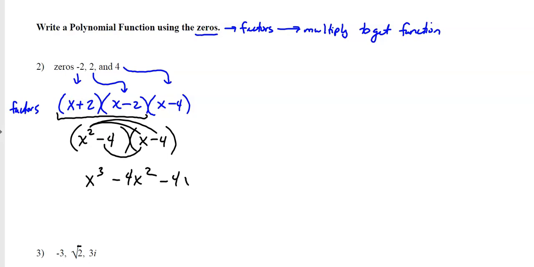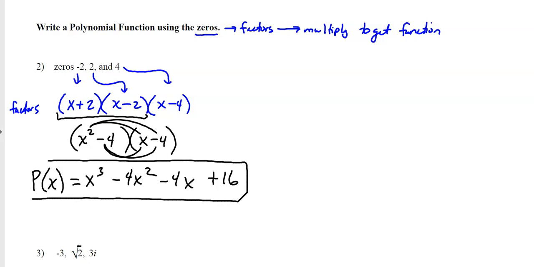That'd be a -4x and a positive 16. None of these combine, so these are all their own terms. So I have a generic polynomial, whatever letter you want to use there, and that polynomial for sure will have these 3 zeros. All right, so that's the easy one.